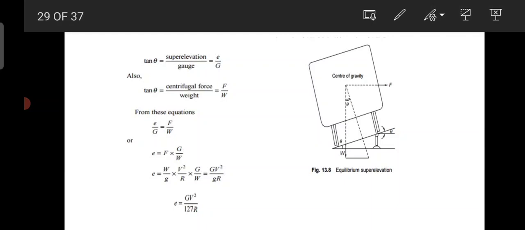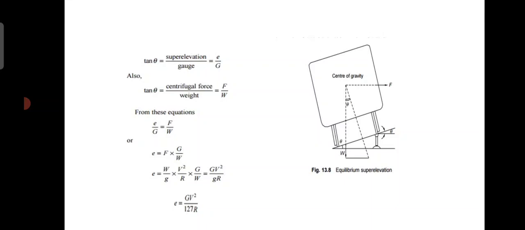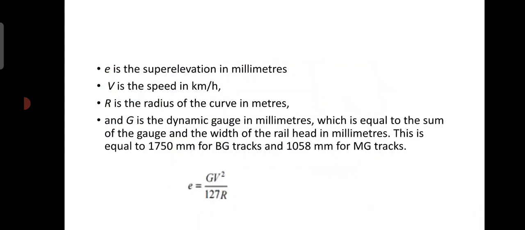If we simplify this, we get e, the super elevation, equal to GV² by gR. So for gauge, if we take 127, then e is equal to GV² by 127R. Here G is the dynamic gauge in millimeters, R is the radius in meters, and V is speed in kilometers per hour.